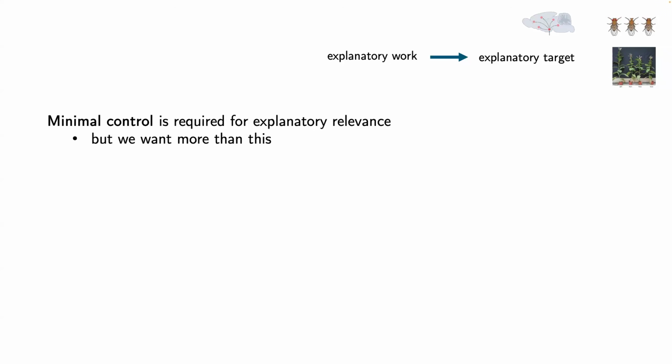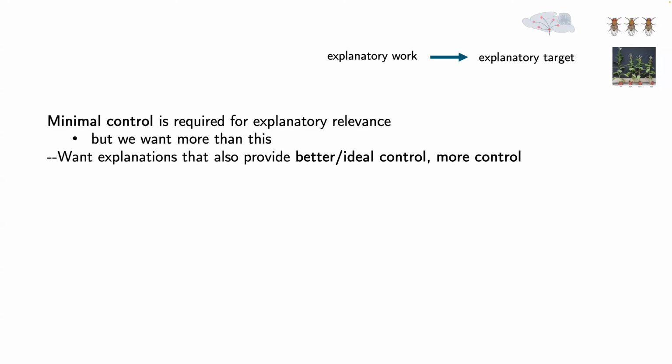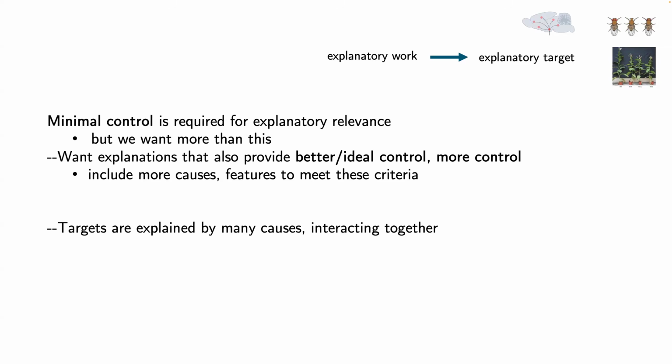We don't just want causes or factors that give some kind of control. We often want our explanations to identify causes and factors that give more control and better control or ideal control. One way that this is done, of course, is by identifying many causes that are working together in producing these outcomes of interest, right?